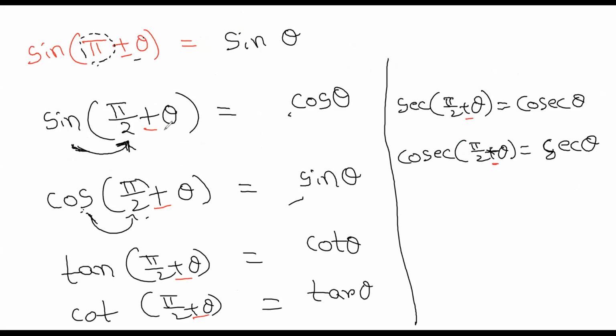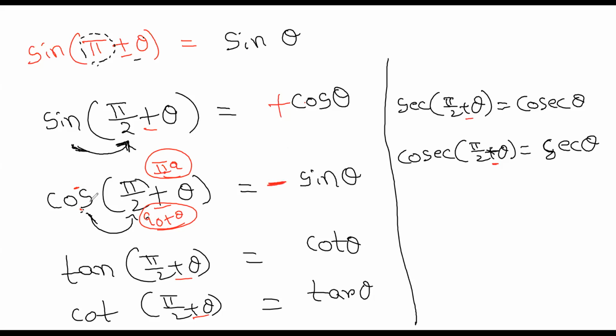So first, sine of pi by 2 plus theta is equal to what? Plus cos theta. Cos of pi by 2 plus theta. It'll be minus sine theta, because pi by 2 plus theta, 90 plus theta, is in the second quadrant, and cos in the second quadrant is negative.